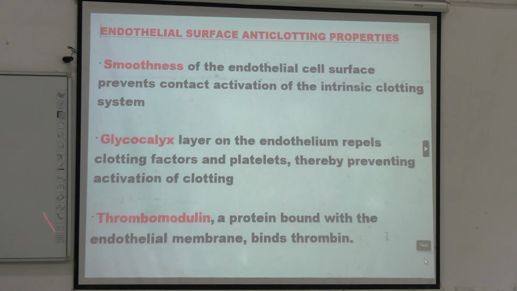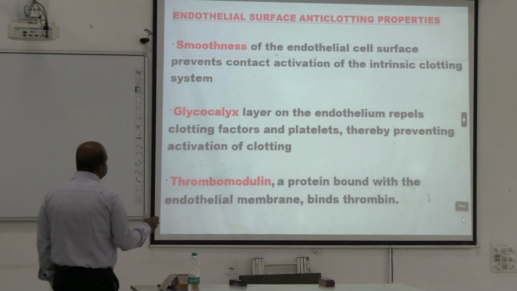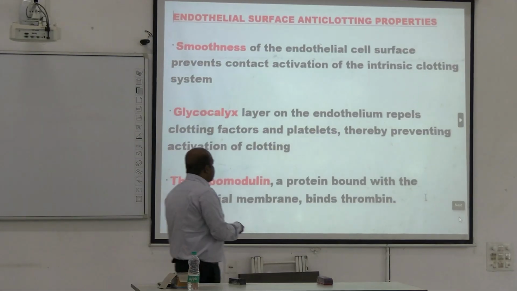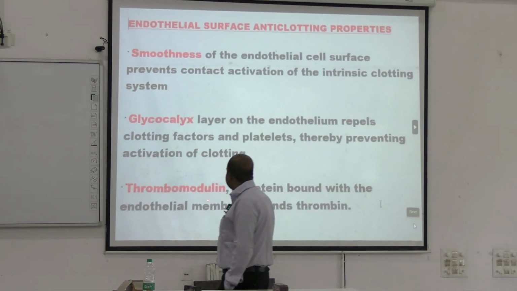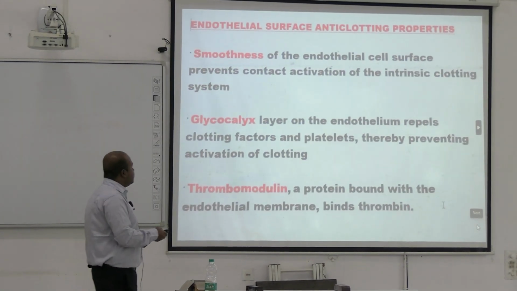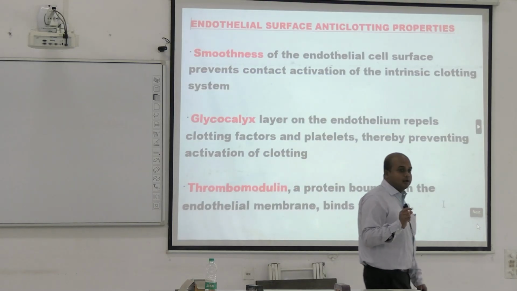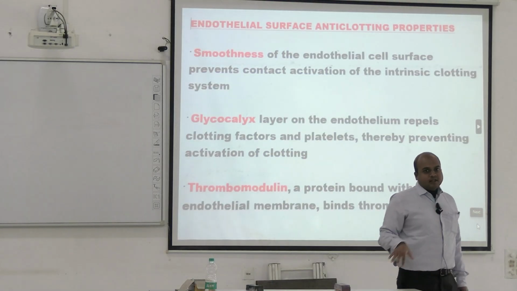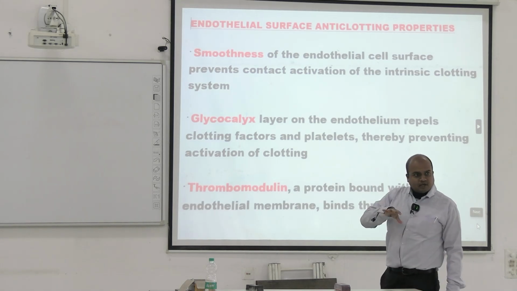That is the first point. Next is the glycocalyx layer. This glycocalyx layer itself repels clotting factors and platelets, and also a protein called thrombomodulin. This will be mentioned in the textbook, but you can still write it down. Say your time is short in the exam while answering a subjective question.